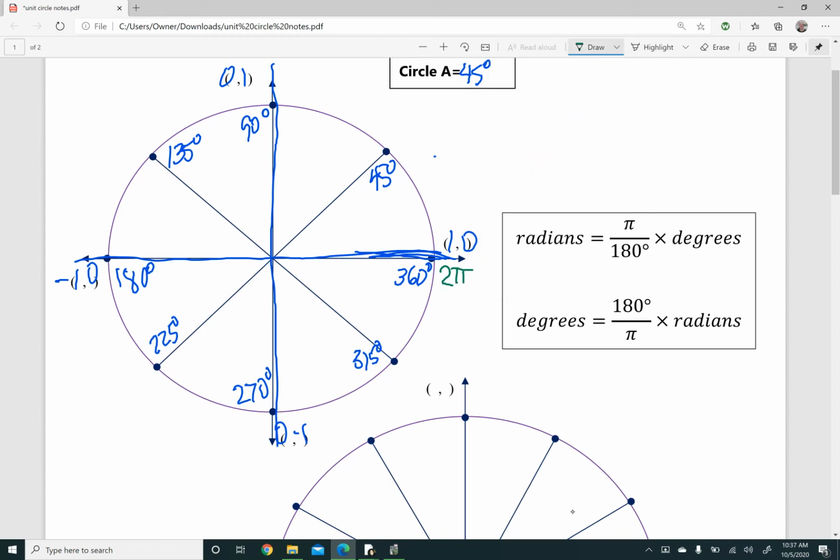So a half of a circle would be pi, and half of that would be half of pi, or pi over 2. So a half of a half is a fourth. So we say that this is a fourth pi, or pi over 4. So the 45-degree circle is also the pi over 4 circle.